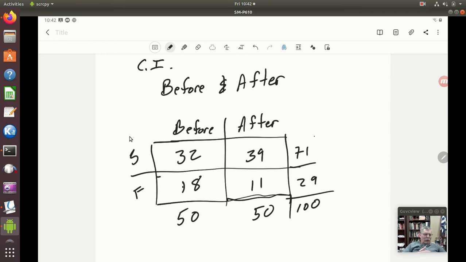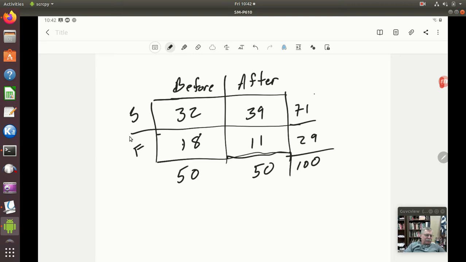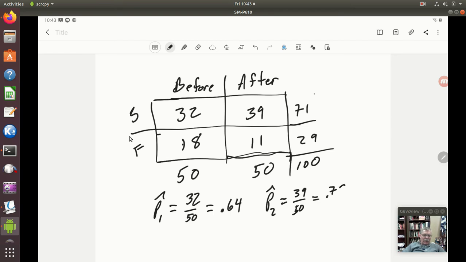Okay, and so the question is the before. If we call the before p hat 1, that's equal to 32 over 50, which is 0.64. And then our p hat 2, the after, was 39 over 50, and that's equal to 0.78.